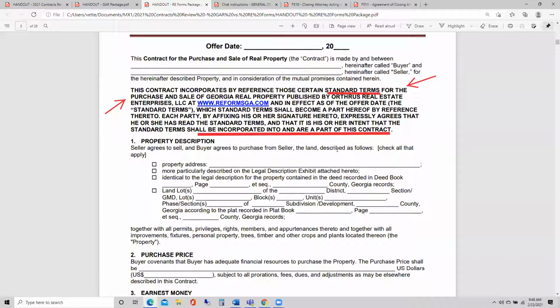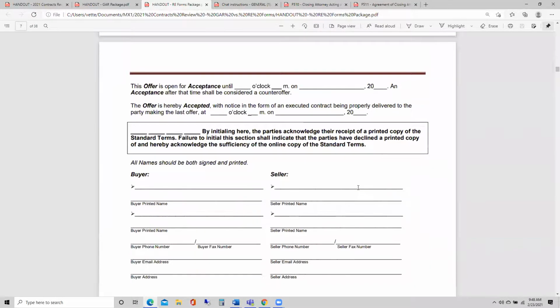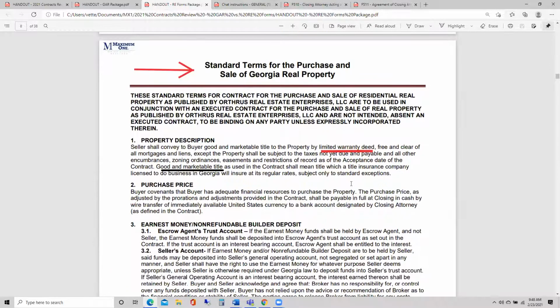Point of practice to you real estate agents: you guys have access to this document called standard terms. This is what's on the website for the public to go get. You guys, as agents, have access to this document wherever you access your forms. So where you access your purchase and sale agreements, exhibits, and amendments, you have access to this.